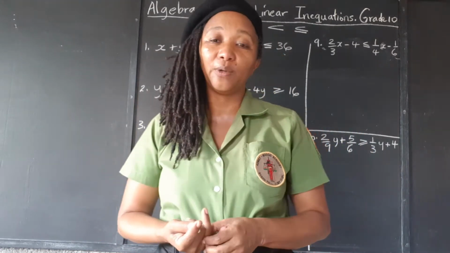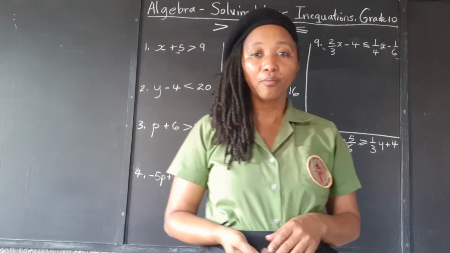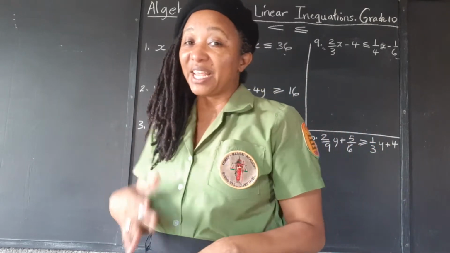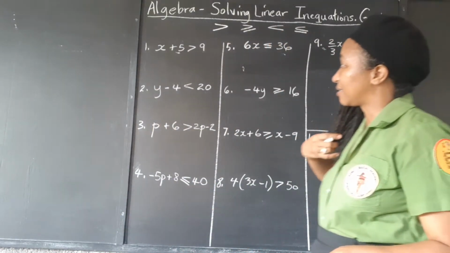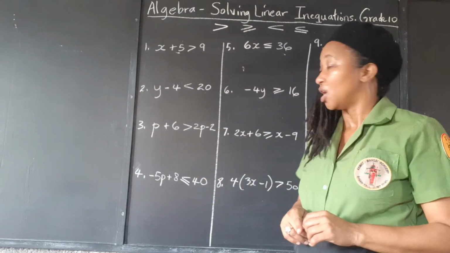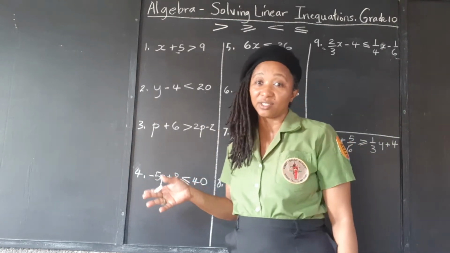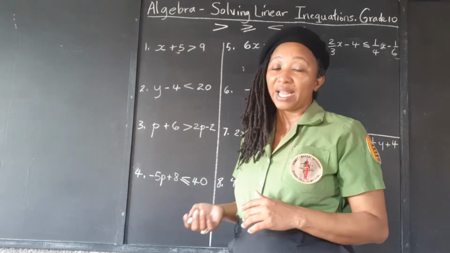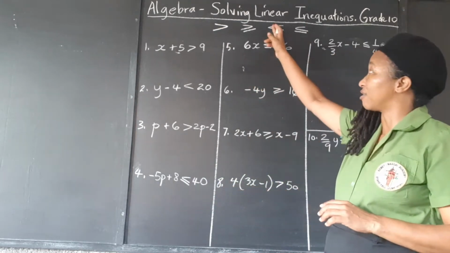Today we're going to be looking at solving linear inequations. It's called linear for the reason that the highest power of the variable is 1, right? So these equations or inequations would produce a straight line on a graph, and that's where the term linear comes from.